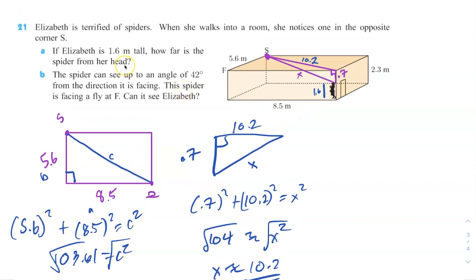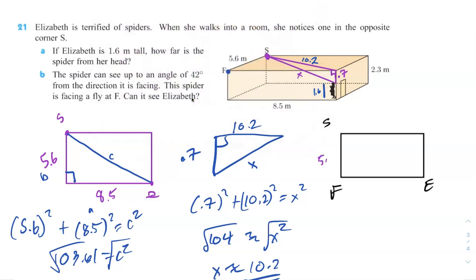If the spider can see an angle of 42 degrees from the direction it's facing, and this spider is facing the fly at F, can it see Elizabeth? Let's copy down this top-down picture again. Here's Elizabeth.